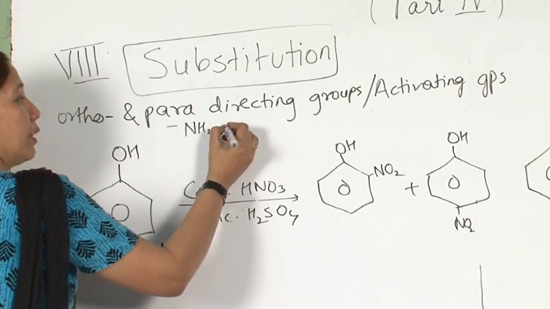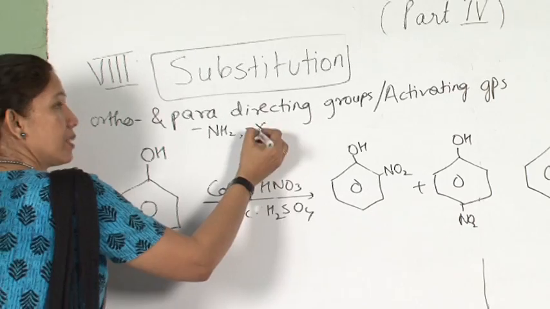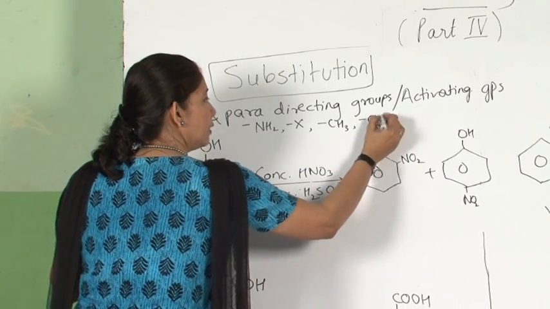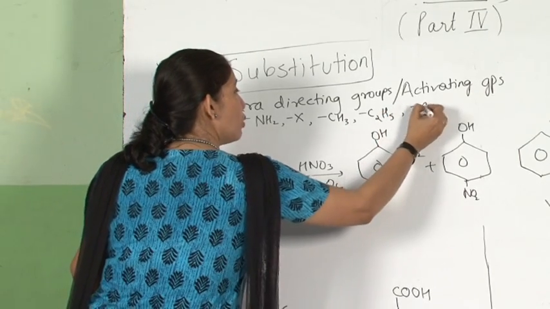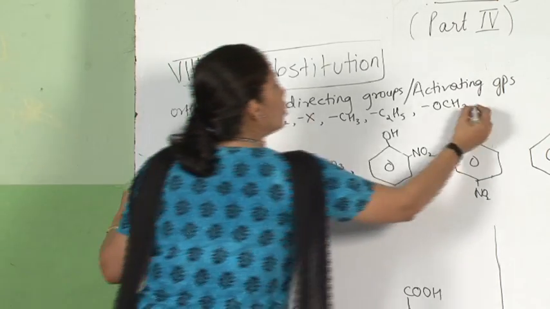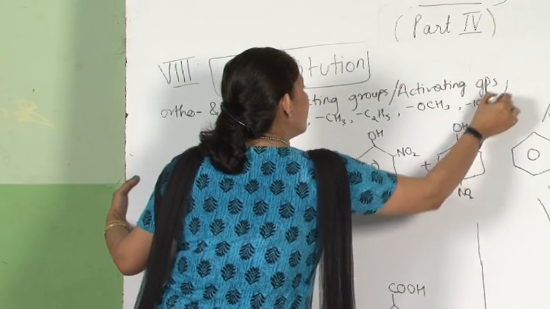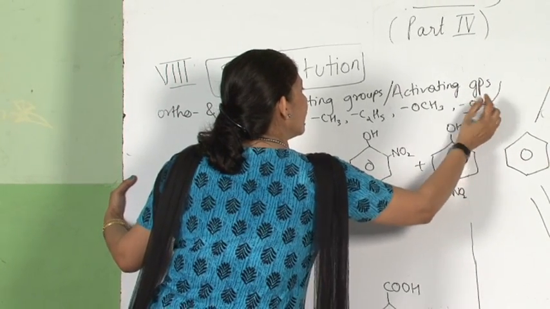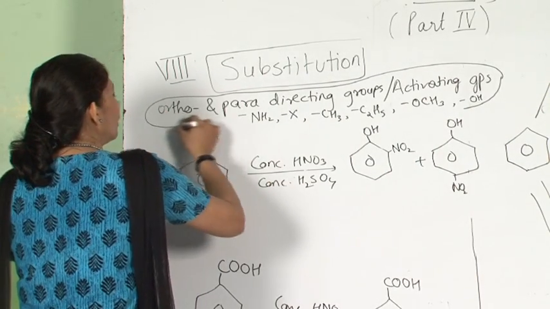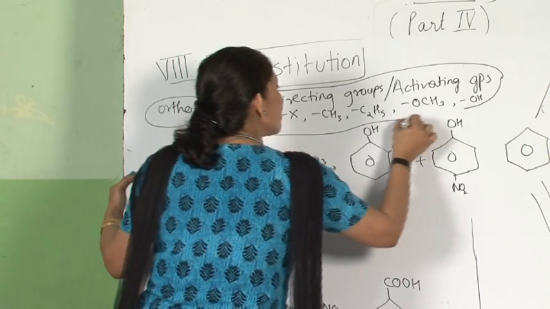NH2, X halogen, CH3, it can be ethyl, it can be OCH3, OH as such. So if I know at least all these examples, I can complete around some 100 reactions.